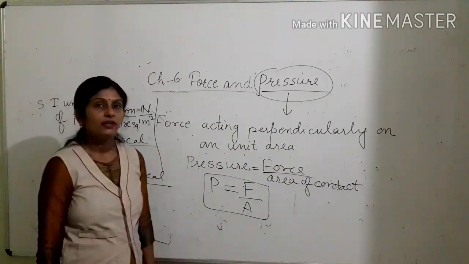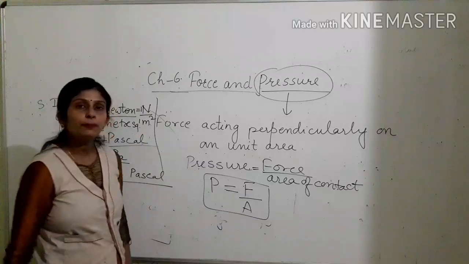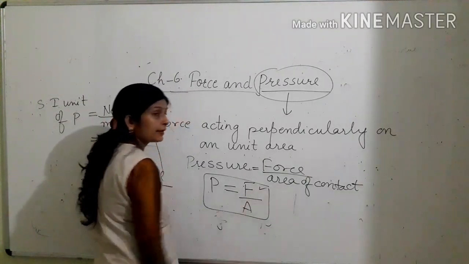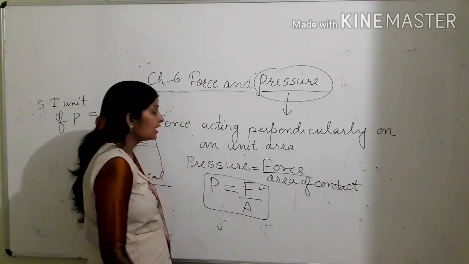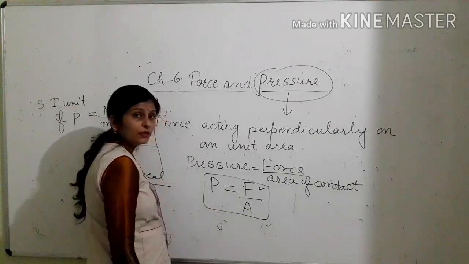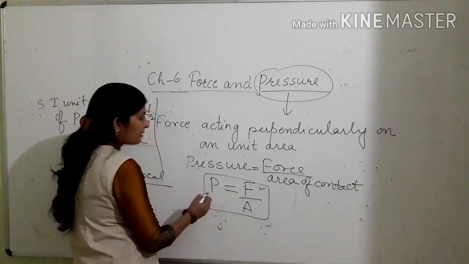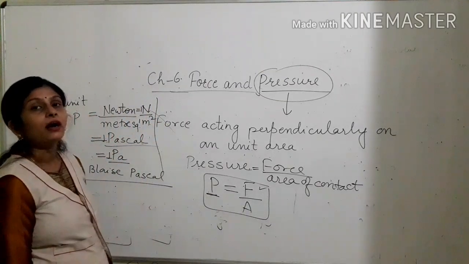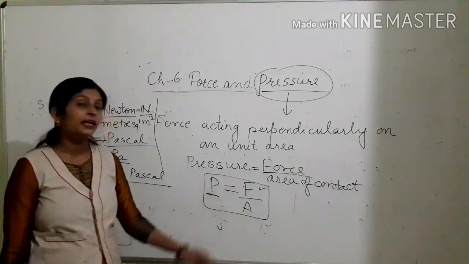Okay. Now you have learned that pressure is equal to force upon area. Suppose in two cases the force is the same, meaning the force applied on the objects in two cases is the same. So for the same force, for a constant force, pressure is inversely proportional to the area. What is the relationship between pressure and area?